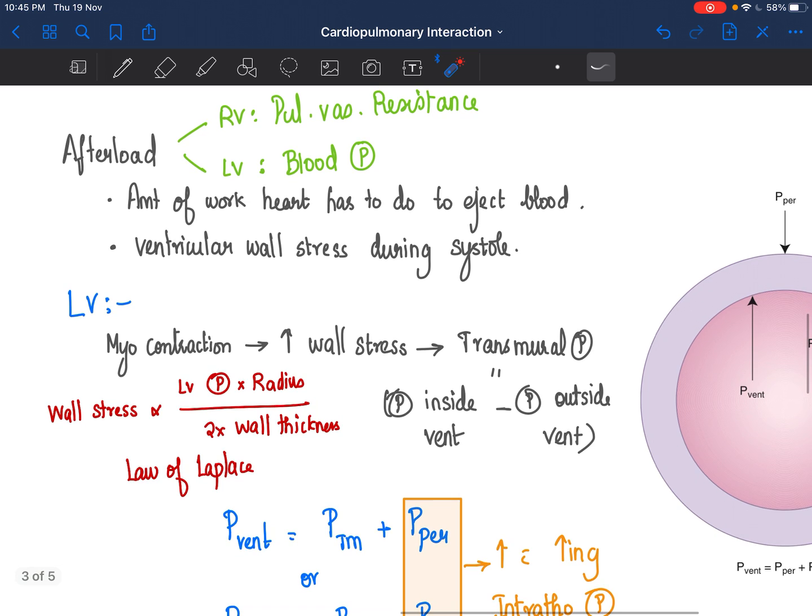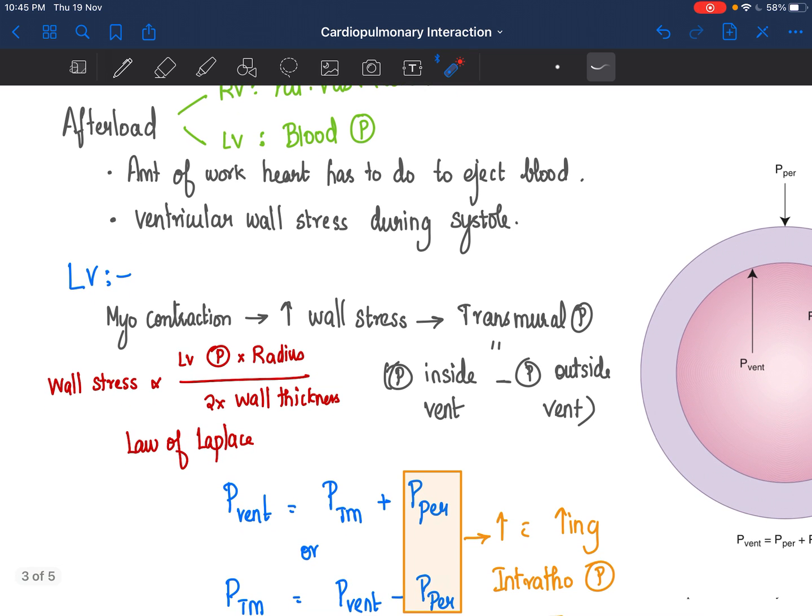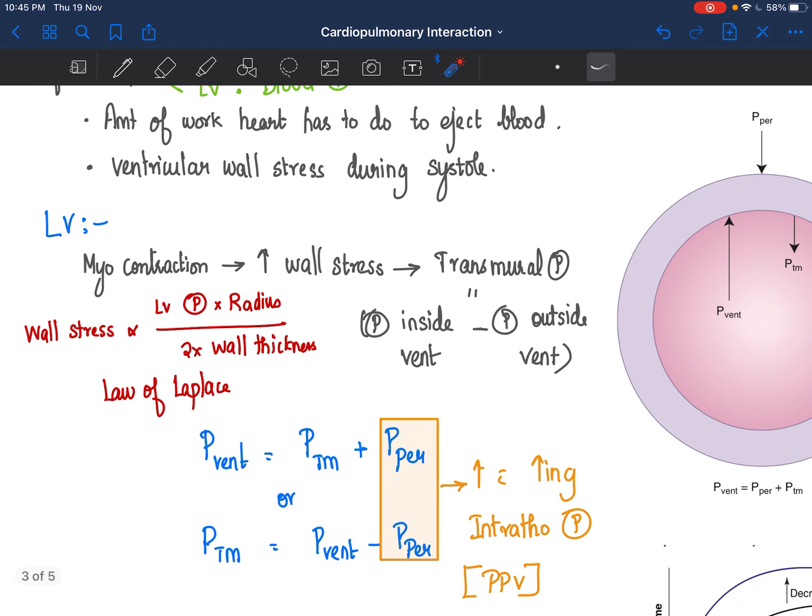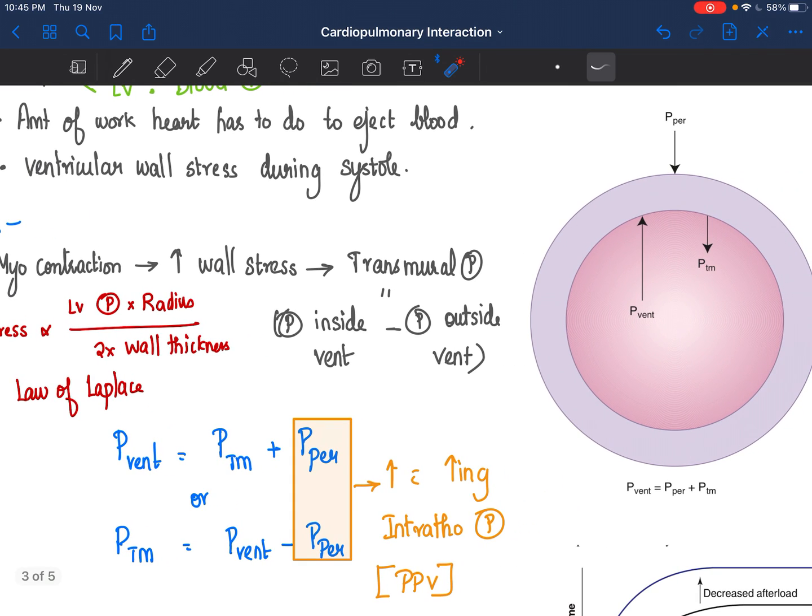So what is this ventricular wall stress that I am talking about? Any contraction increases wall stress, and that is your transmural pressure, the difference between the pressure inside the ventricle and the pressure outside the ventricle. And there is usually a balance, just like how you have alveoli and your pleural pressure, your transpulmonary pressures, etc. Similarly, you have pressure inside the ventricle that is trying to push it outward, and you have your pericardial pressures and your transmural pressure that is trying to push the ventricle inward.